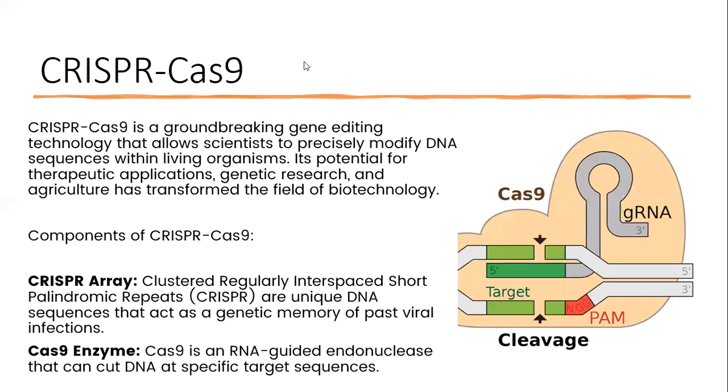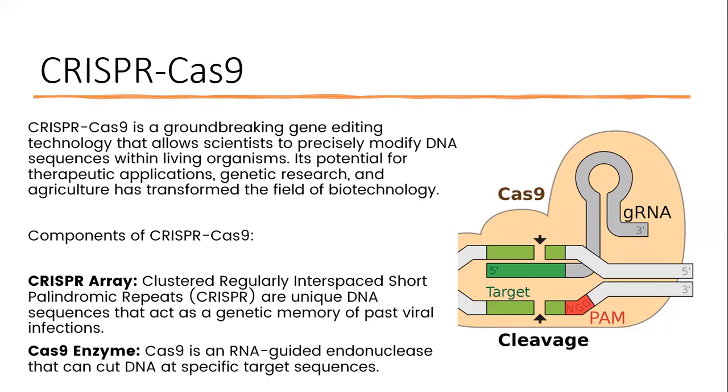So just to come back on this, what scientists would do is design the guide RNA to target the part of the genome that you want to edit. Once that guide RNA is complementary to the DNA, the enzyme would cleave that area and allow the genome to fix itself.